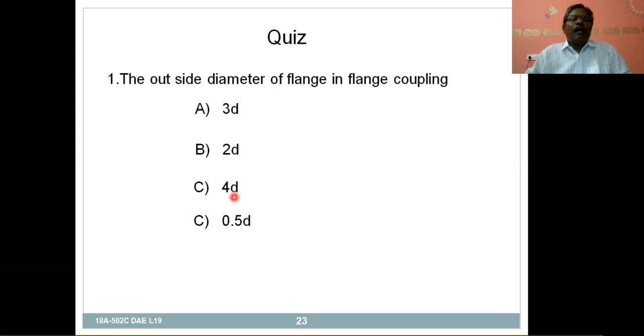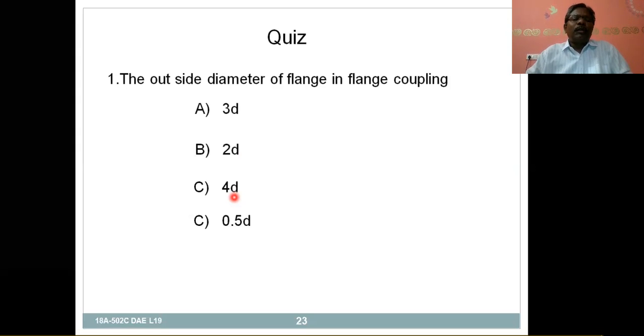Whereas 2D is the outside diameter of the hub itself, that is, capital D is equal to 2d, which is the outside diameter of the hub. Whereas 0.5D is the thickness of the flange for unprotected type flange coupling.